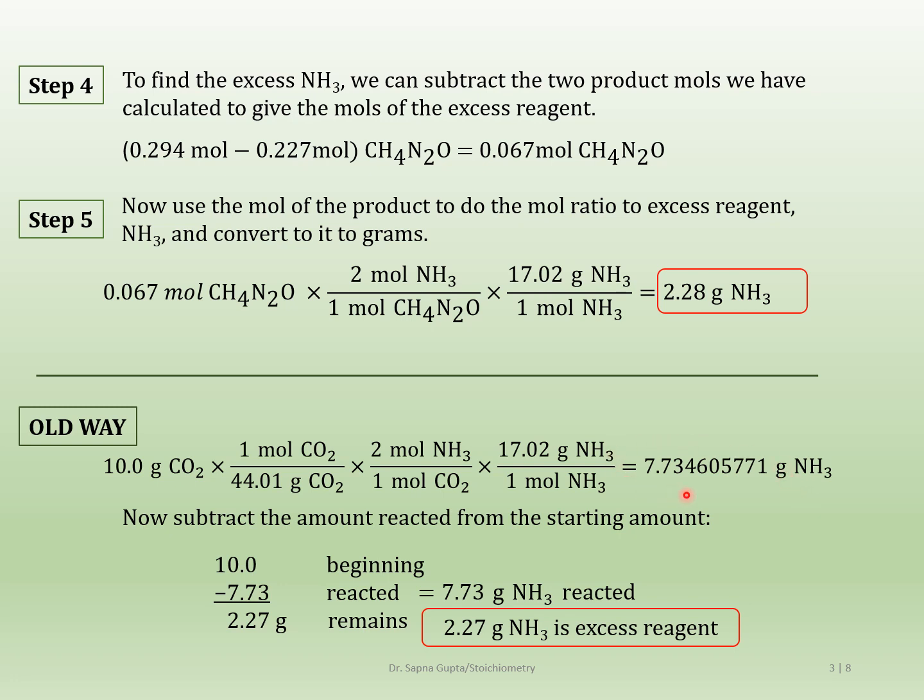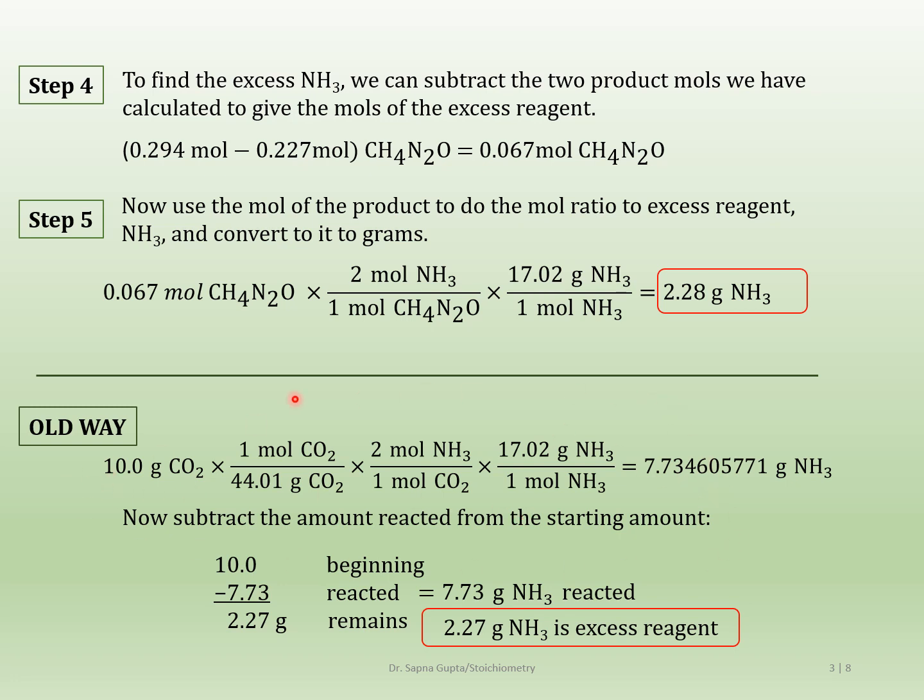Now this is what you would need for 10 grams of carbon dioxide. Remember, carbon dioxide was your limiting reagent. So what happened? You're not going to use all of this, right? So how much is remaining? Because 10 grams of ammonia is what you started with, but you actually need only 7.73. You don't need all of it, okay?